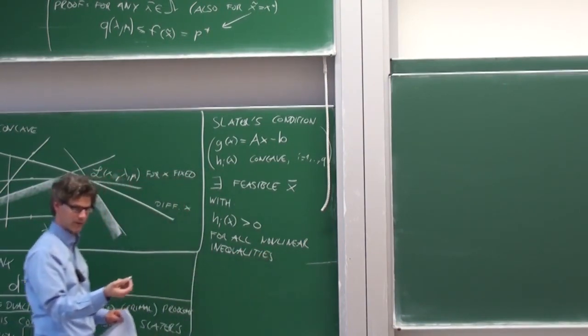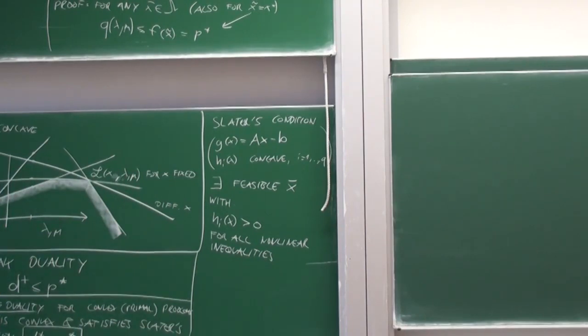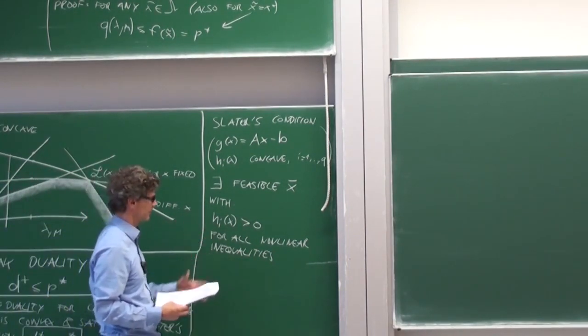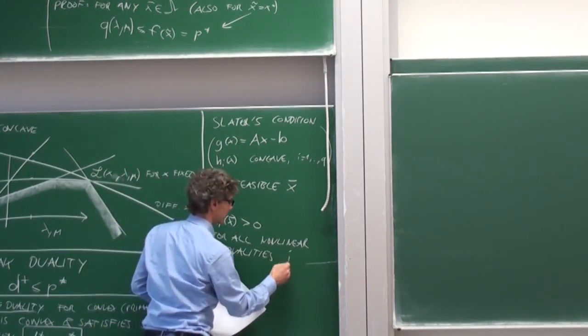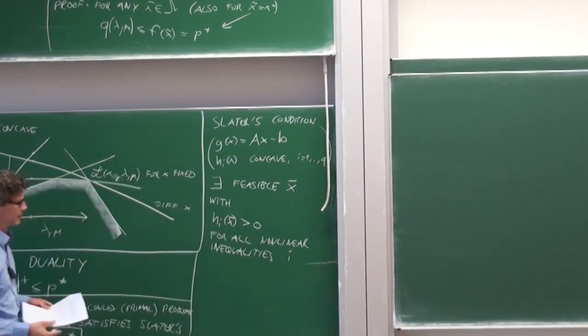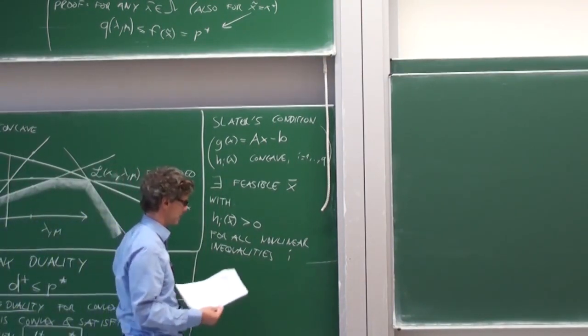Because they can be convex but nonlinear. Like, for example, in a QCQP, you had these convex constraints. But if you have a curved one, and I is the index of the nonlinear inequalities. Yeah, so for any nonlinear inequality, it should be positive.